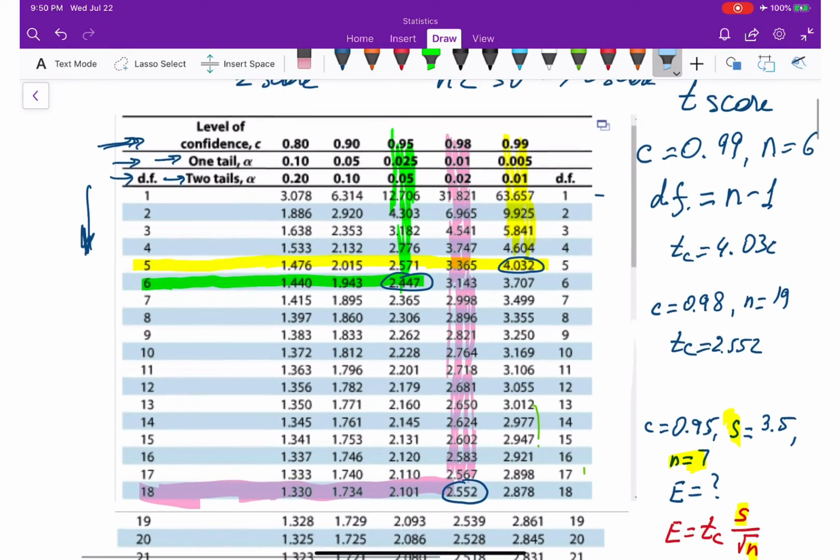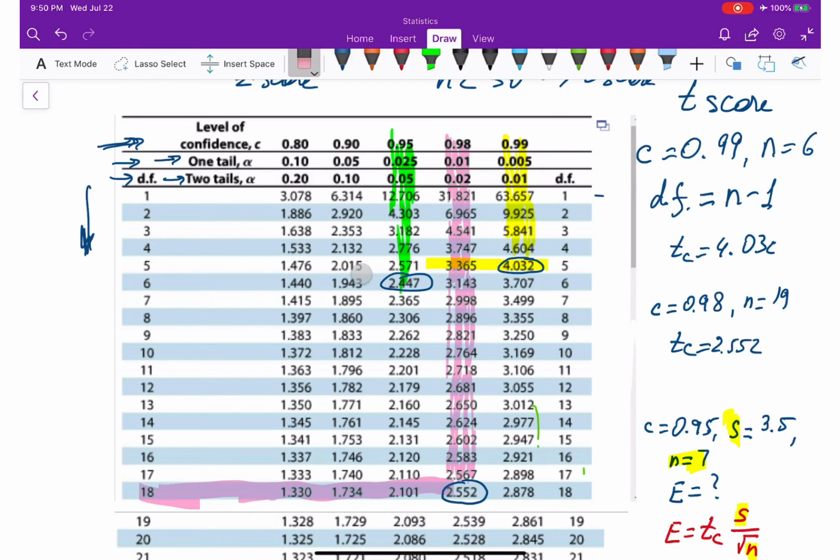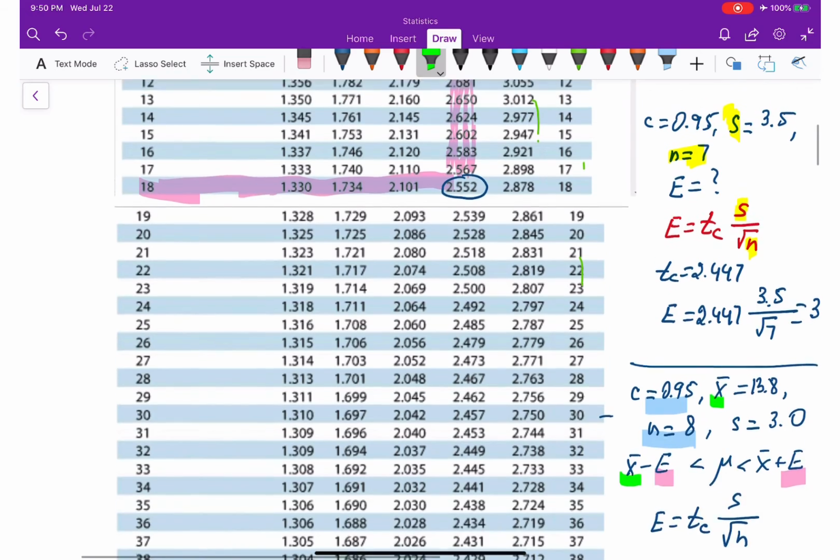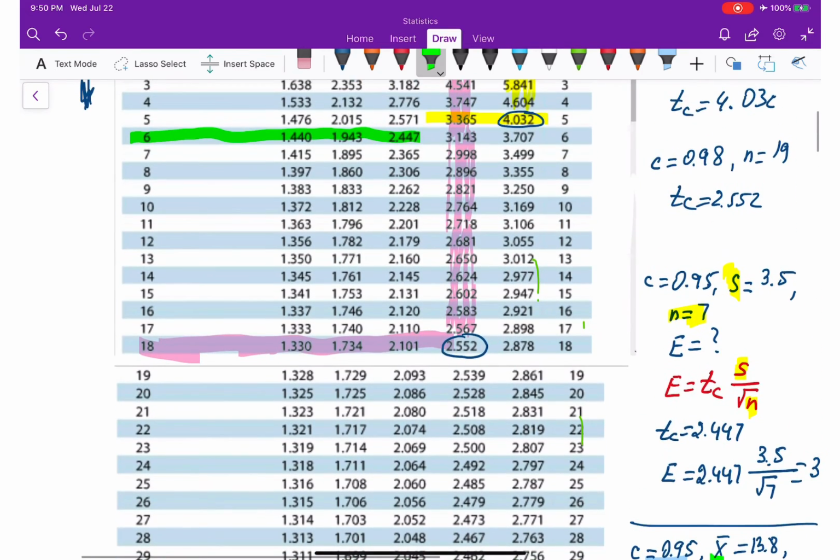So 0.95, here it is. Let me take this one off. Okay, 0.95 and 6. This is our 6, and this is our, no, I'm sorry, N is 8, so degree of freedom gonna be 7.